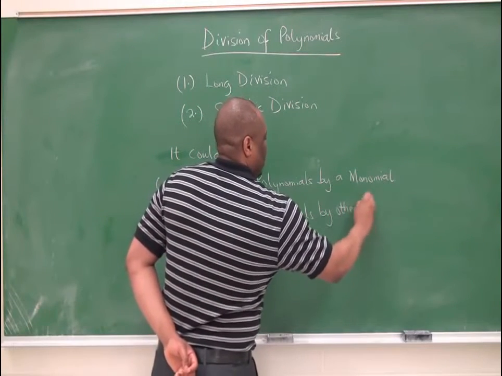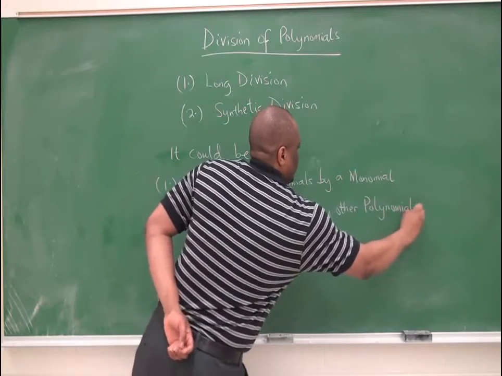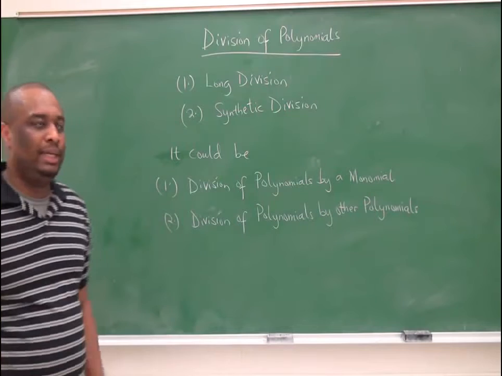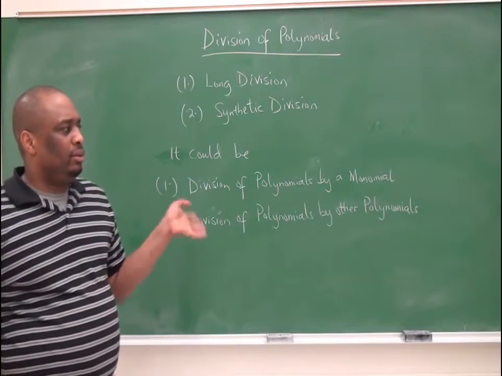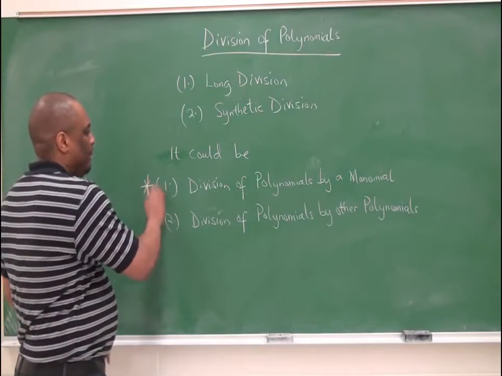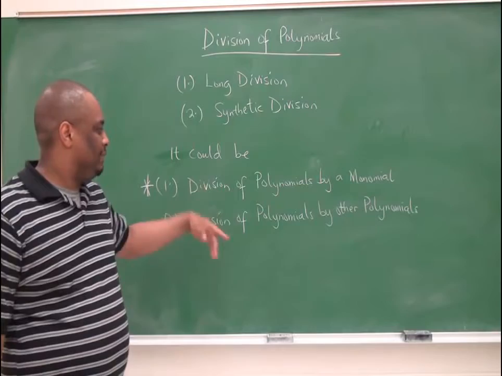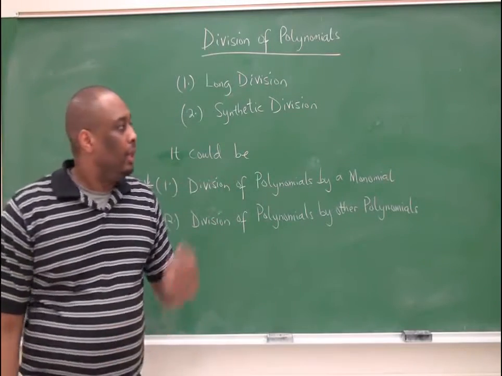What I mean by other polynomials is if it is not a monomial, then we can call it other polynomials. In this video, we shall only focus on division of polynomials by a monomial. Next video, we shall talk about the other polynomials, and then we can discuss the long division.